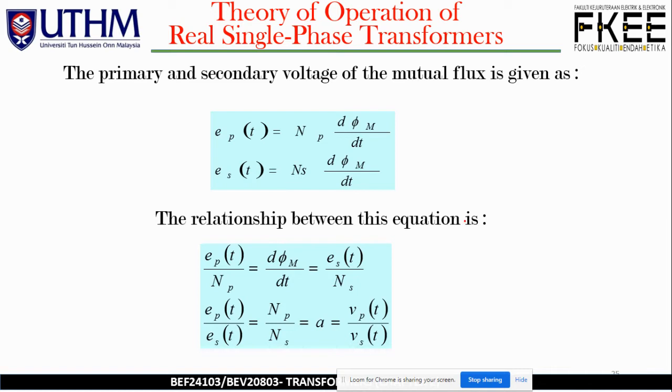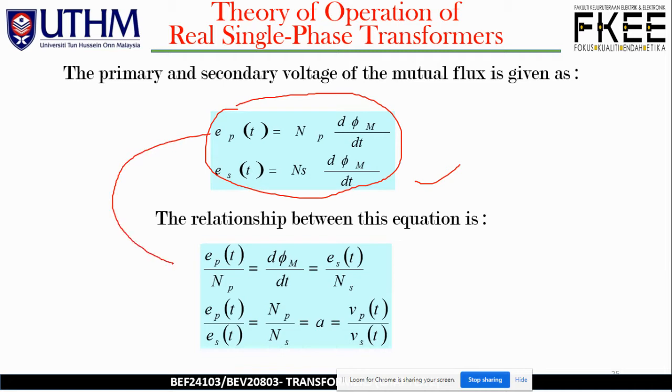The primary and secondary voltages due to the mutual flux are given as Ep and Es equals Np d phi m over dt, and Ns d phi m over dt. This is what we have seen on the previous page. The relationship between these equations, after we rearrange from the main equation, gives Ep over Np equal to d phi m over dt, which is also Es over Ns.